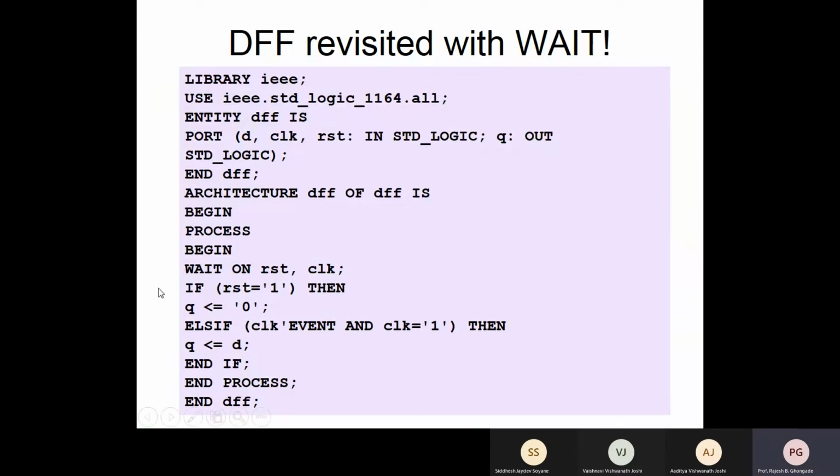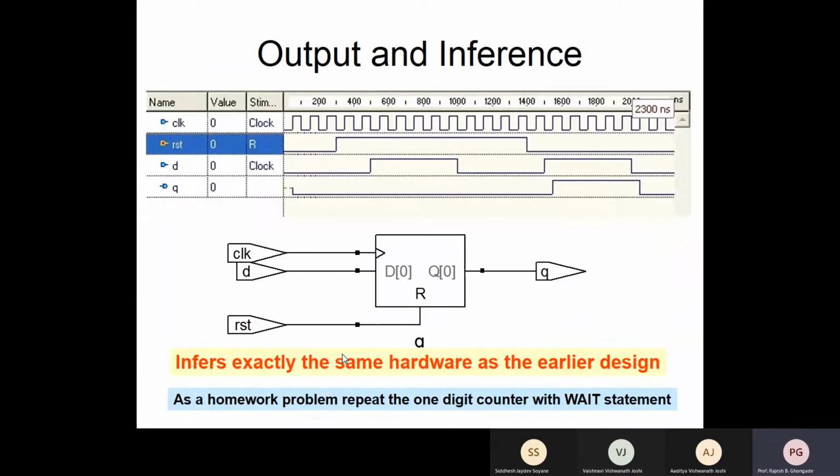Q is reset, that is 0, when RST is equal to 1, else on the rising edge of the clock, that is the positive edge, Q is assigned D. So that is how you will write the design for a D flip-flop using wait on. It is nothing but the same thing.